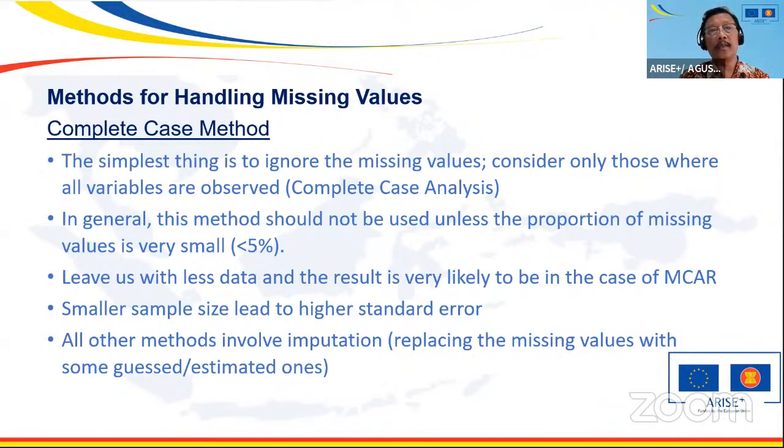So this is called the complete case method. We are only looking at the complete data, so the missingness we take out. Normally, it is okay if less than 5%. If greater than 5%, maybe we should find ways of improving our data, maybe using educated guesses.